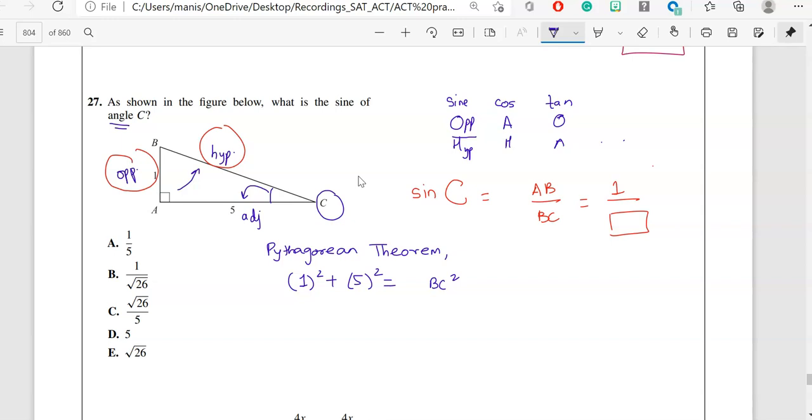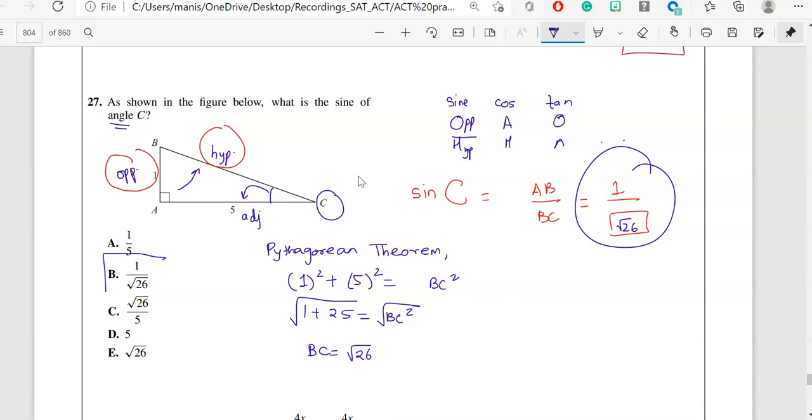I do not know the hypotenuse. So 1 plus 25 is equal to BC squared. I will take the radical on both sides and BC will be equal to radical 26. So I will write over here radical 26, that's my hypotenuse. Do you have any answer choice which looks like this? 1 over radical 26, yes. Option B is the correct answer for this question.